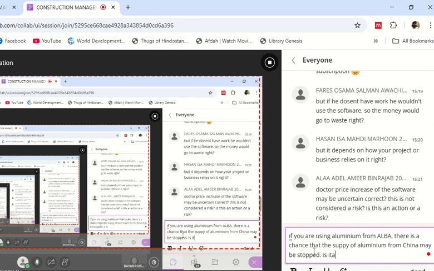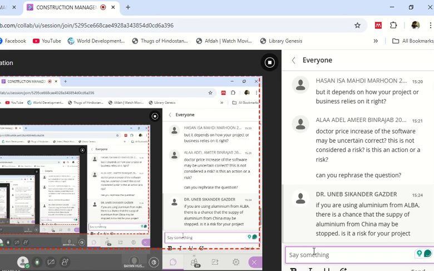Is it a risk for your project? So do I consider this condition, the closing of the factories in China? Closing of the factories in China, do I consider this as a risk for my project? Yes or no?